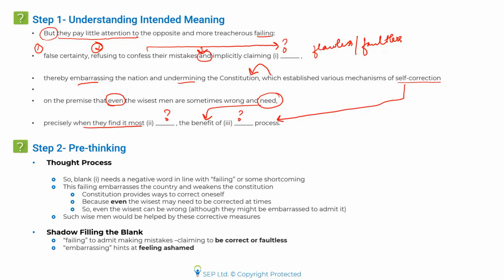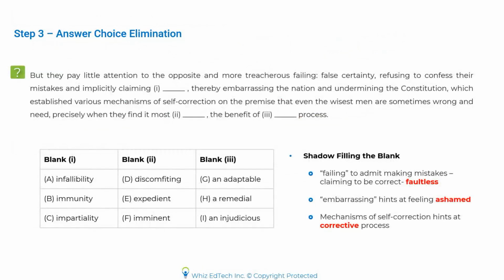Second blank would be filled with something like feeling ashamed, not feeling good about being forced to admit that you're wrong. And the final blank should be filled in with corrective process, because we are talking about benefits of the self correction measures. With that shadow filling, let me see which words don't come close to faultless.